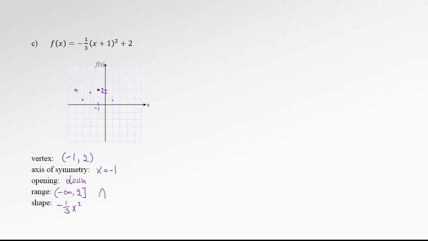If we go 3 across, 3 squared is 9, we would normally go 9 steps down, but since we're taking 1/3 of it, it will be 3 steps down. So that's the next point. And here, 3 across, 3 steps down. Let's connect those points. That's our parabola. Obviously, these arms continue farther down.